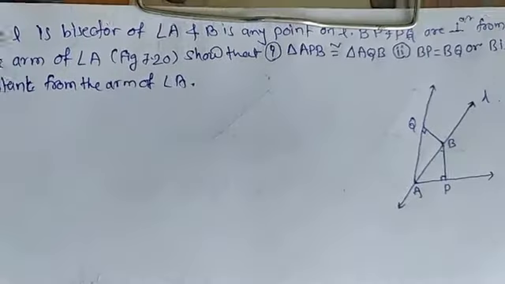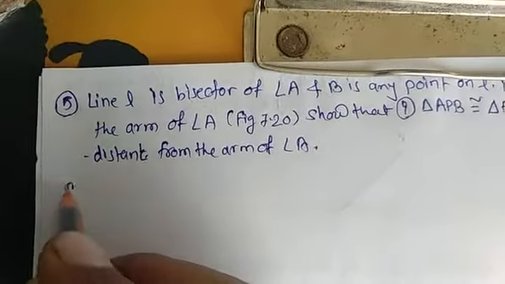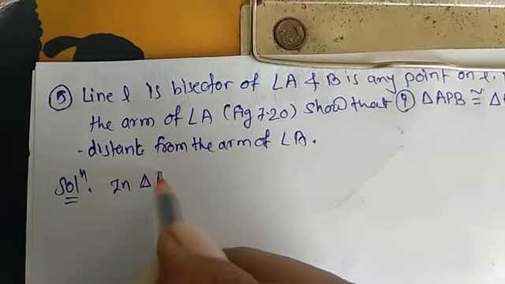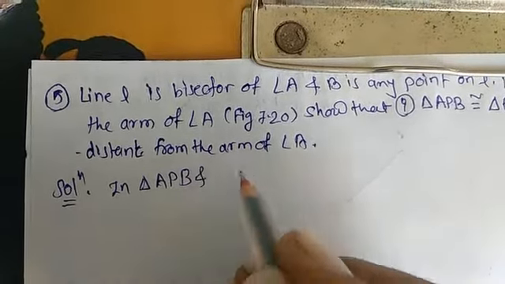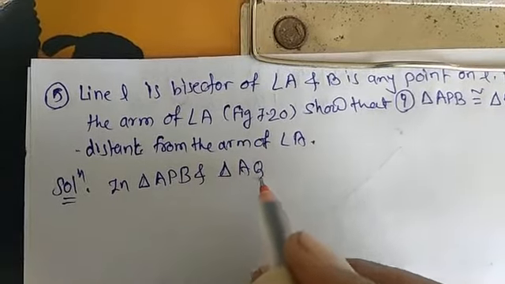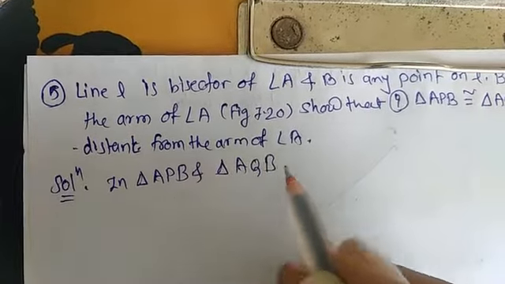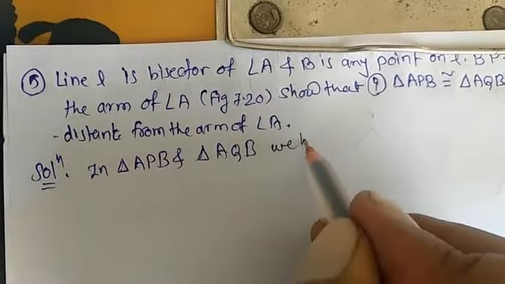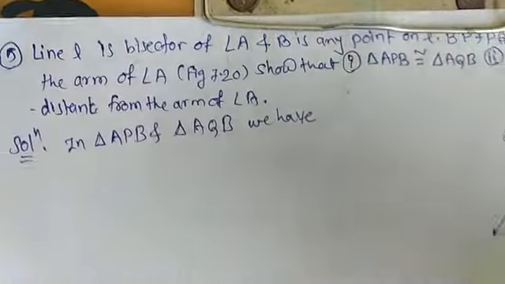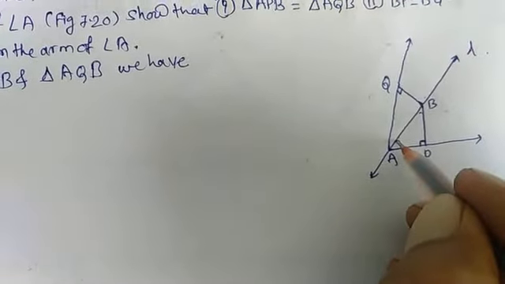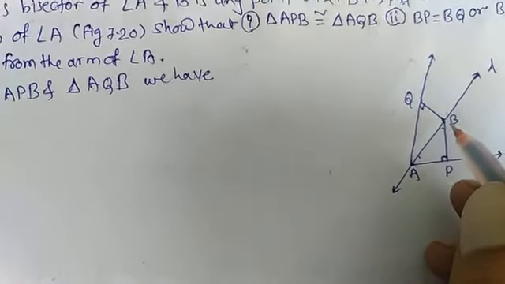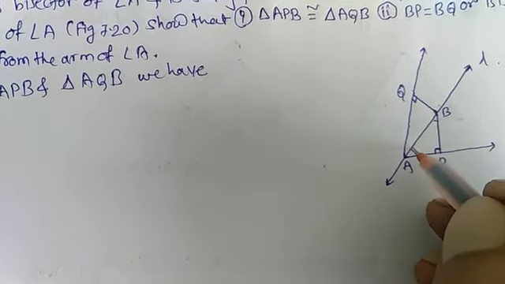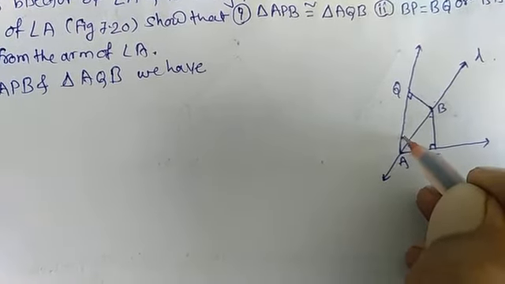Okay, so solution: in triangles APB and AQB, we have, now here, line L is a bisector of angle A. That means these two angles are equal.